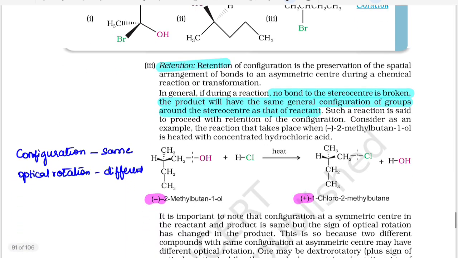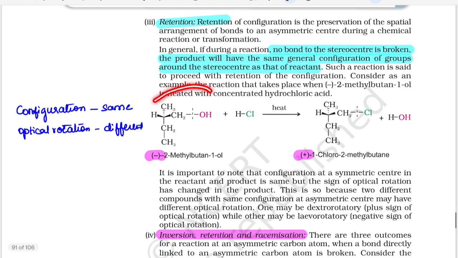And then retention. So retention we will see. When no bond to the stereo center is broken, the product will have the same general configuration of groups around the stereo center as that of the reactant. So here you can see this is the molecule taken, that is 2-methyl butan-1-ol.